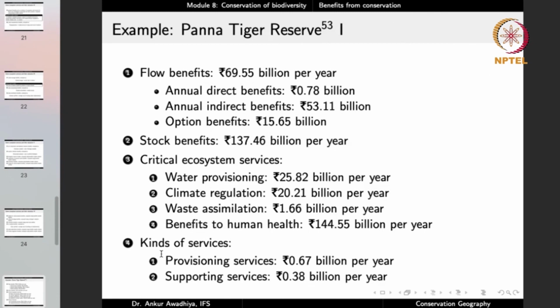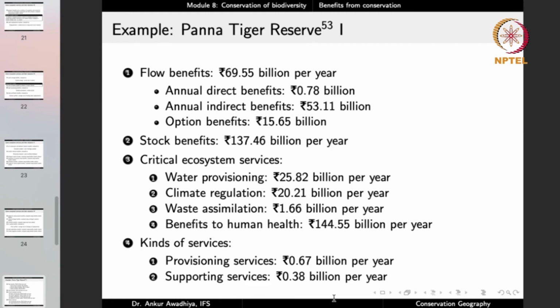Now, what are these figures like? If you look at the valuations that were done for Panna Tiger Reserve, the flow benefits are around 70 billion rupees in a year. The stock benefits are 137 billion rupees. Critical ecosystem services: water provisioning, climate regulation, waste assimilation.